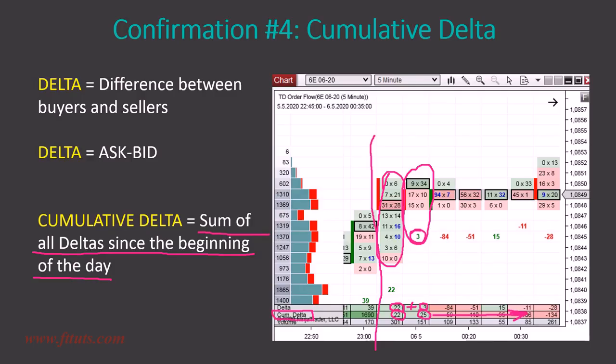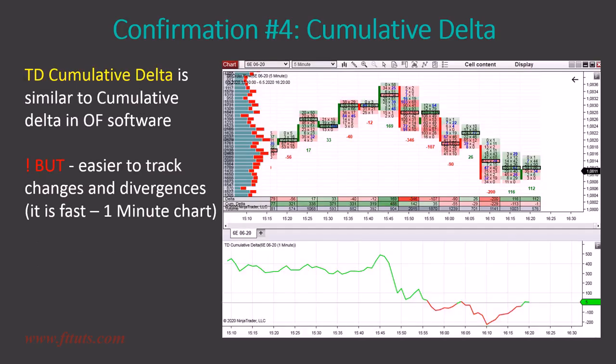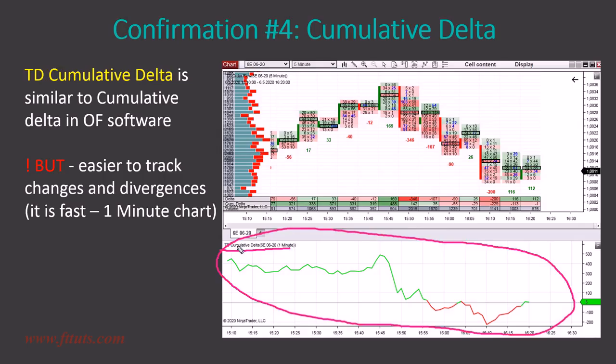But this video is not going to be about order flow, but about a separate indicator, which I developed. It is also called cumulative delta, but it's a bit different. It looks like this. It uses a line chart, and I prefer to use it on a really fast time frame, so 1 minute is ideal.